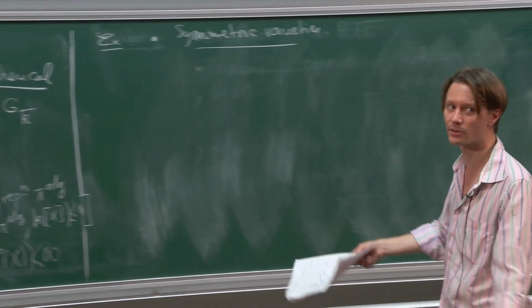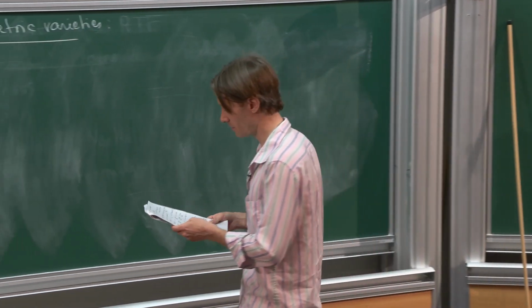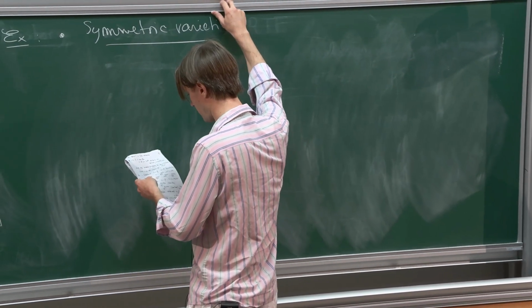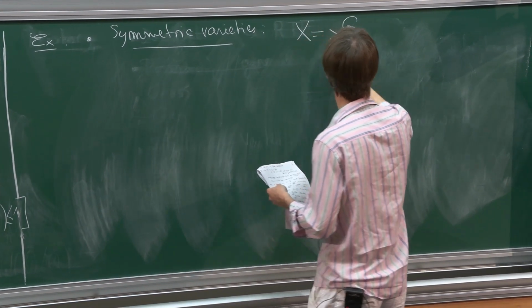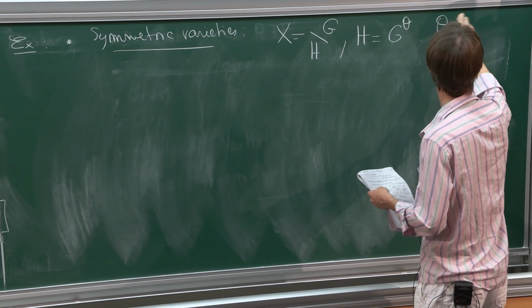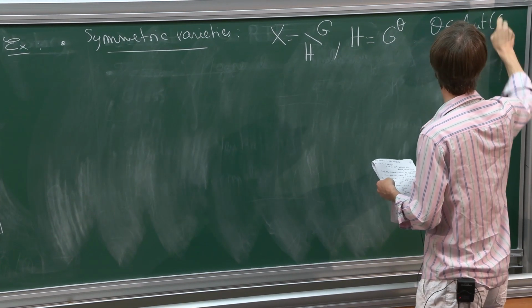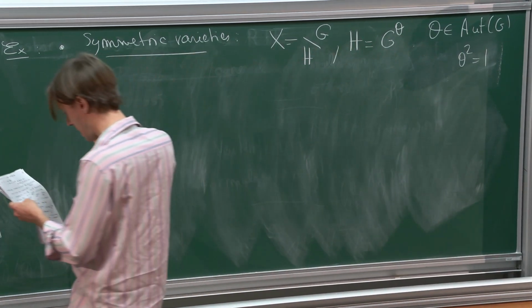And only in the very last lecture will the non-homogeneous varieties play an important role. So symmetric varieties are homogeneous varieties of the form G mod H, where H is the subgroup of fixed points of an involution on G. And these are all automatically spherical.